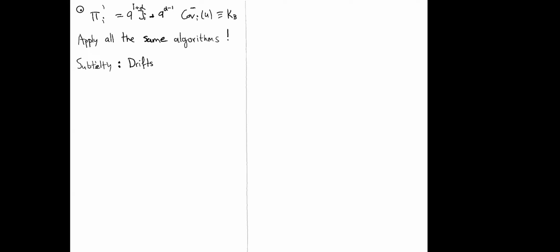And this you can do in two different ways that are equivalent in the continuum limit, so for small dx.